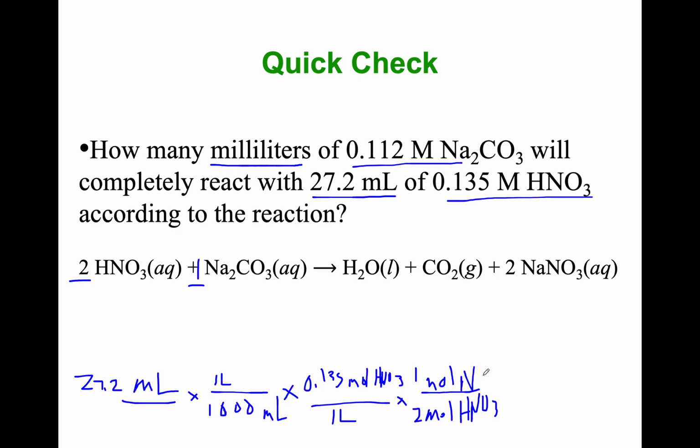Okay, so we've got moles. Now in this case, we're given the question of calculate milliliters. Well, you have molarity still, so we want to invert molarity. That's 0.112 moles over 1 liter of this sodium carbonate.